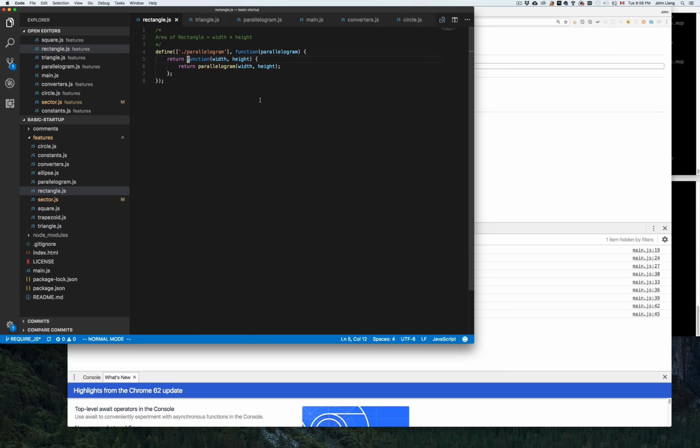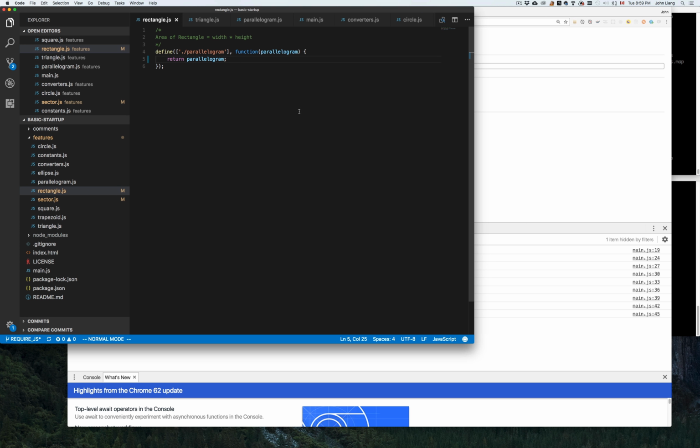So what we can do is take this out, take that out, take that out as well, and then just return the parallelogram function, and it should still work.